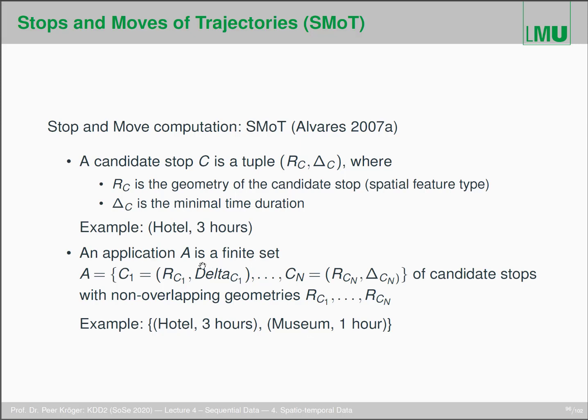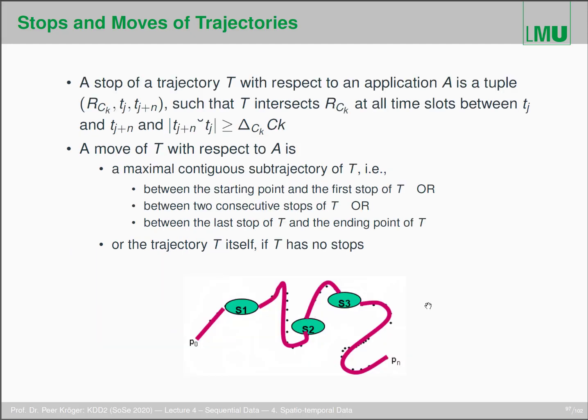So that is an application-specific interpretation of a stop candidate, where you typically just have a geometry and a time threshold. And if you add some semantics to this region, you have an application-specific interpretation.